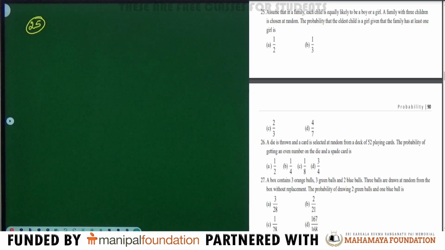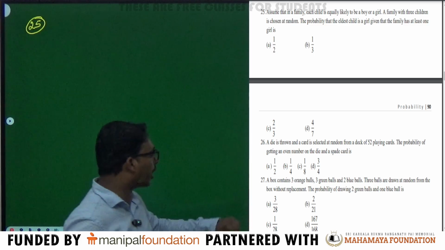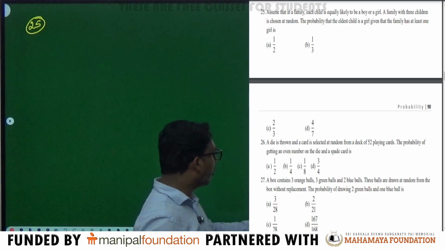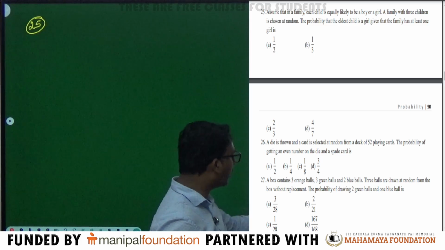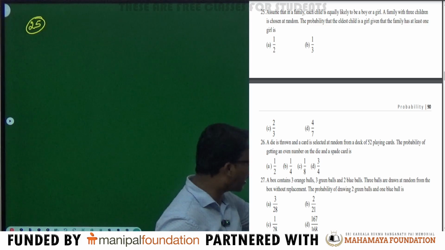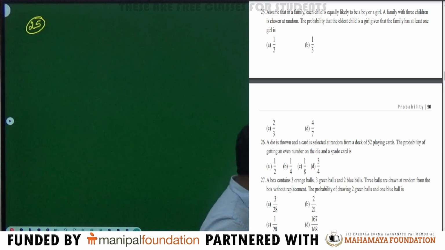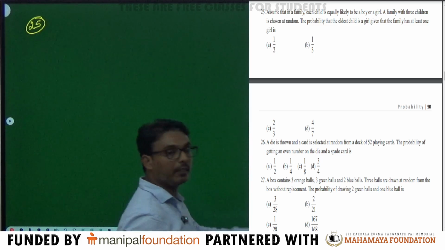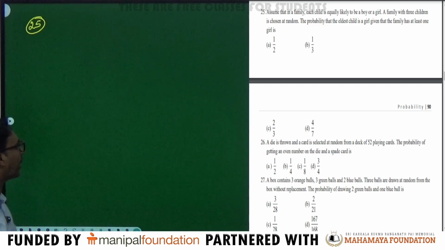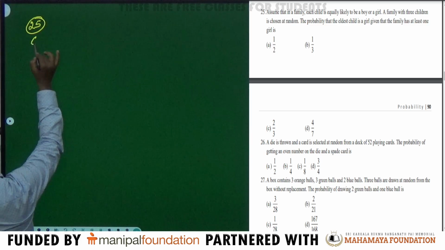See here, this problem is based on conditional probability. Please look at the second sentence. We need to find the probability that the eldest child is a girl, given that the event has already occurred that the family has at least one girl.